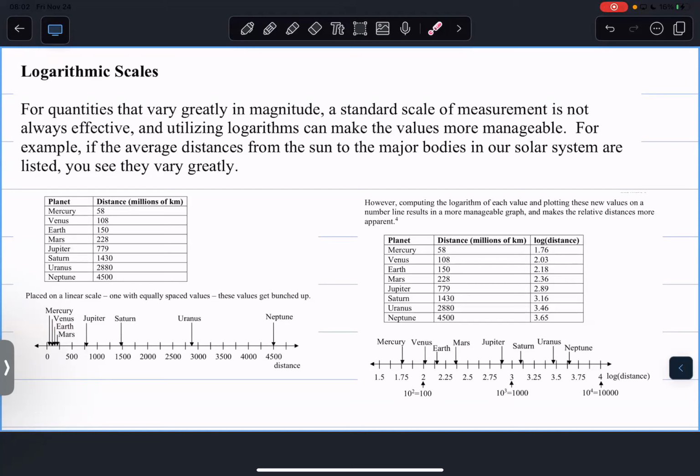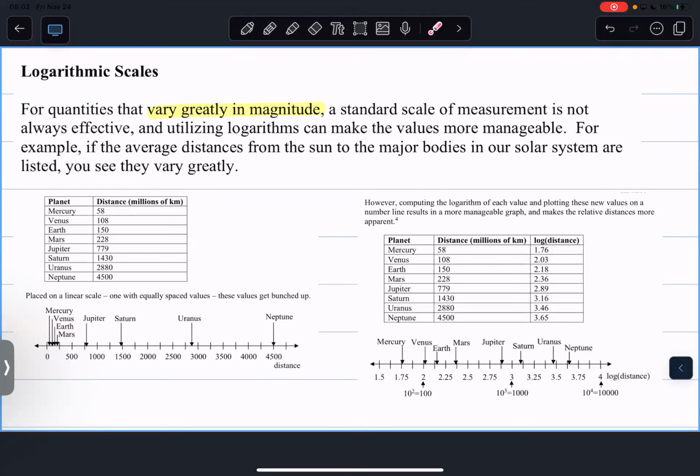Allison's always talking about order of magnitude, right? So things that vary greatly in magnitude. Usually the problem that we face is that if we just use a standard scale of measurement, then it gets really bloated and it's hard to see what's going on.